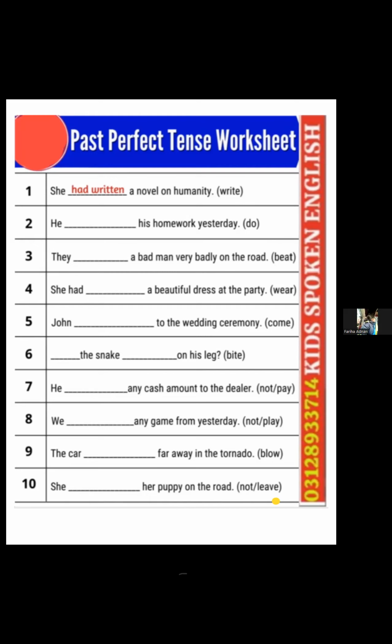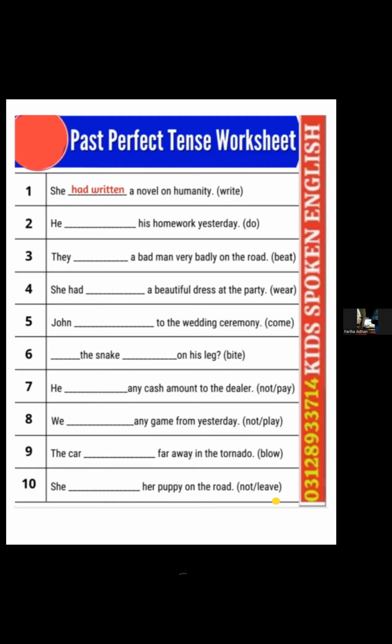Yes, ma'am. Okay. So you have to make this sentence. She had dash a beautiful dress at the party. Had is already written here, so you have to put the third form of wear. She had wear a beautiful dress at the party.